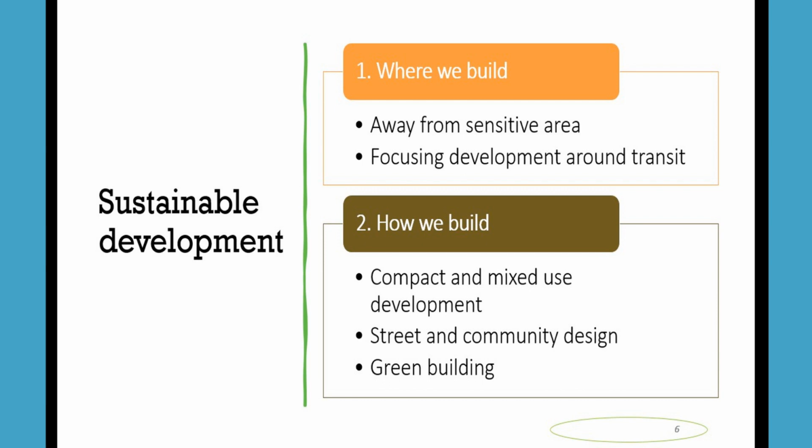Then the other aspect of where we build is street connectivity. The streets should be connected in such a way that people tend to walk more and use less of cars. If all the streets of a neighborhood are connected to the main street or highway, then people will tend to use cars rather than walking.